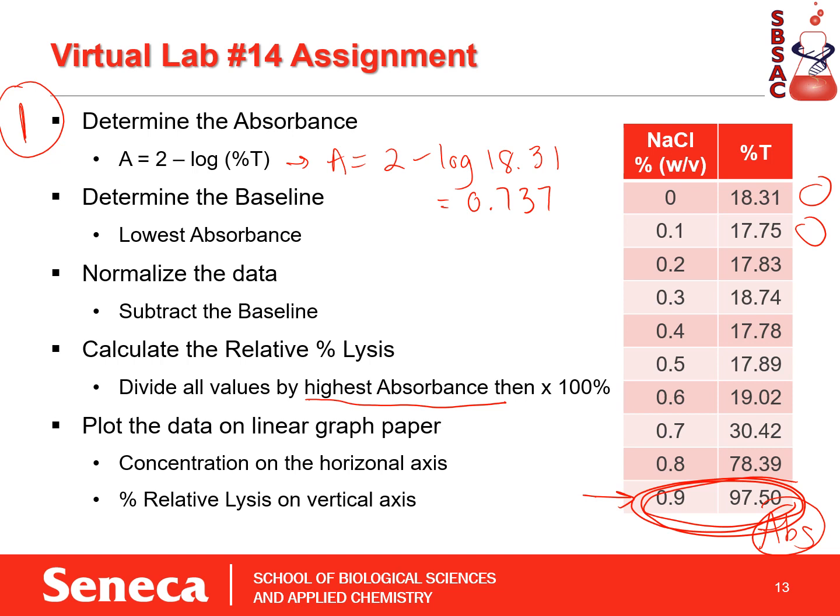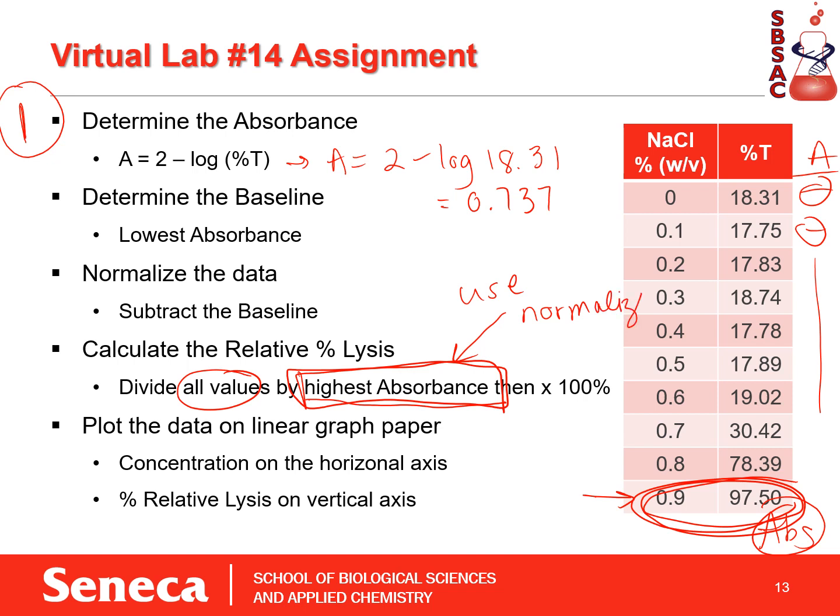All of the absorbance values that you have in this column that have been normalized already, you're going to divide them all by one value, which is whatever your highest absorbance reading is, and then multiply by 100. For all of these values, you're using your normalized absorbances, the ones that you have subtracted.